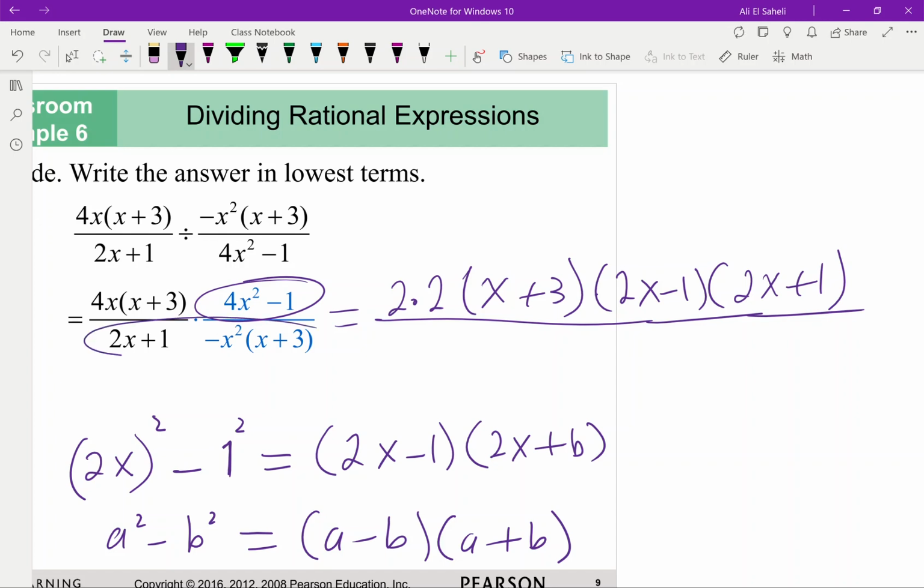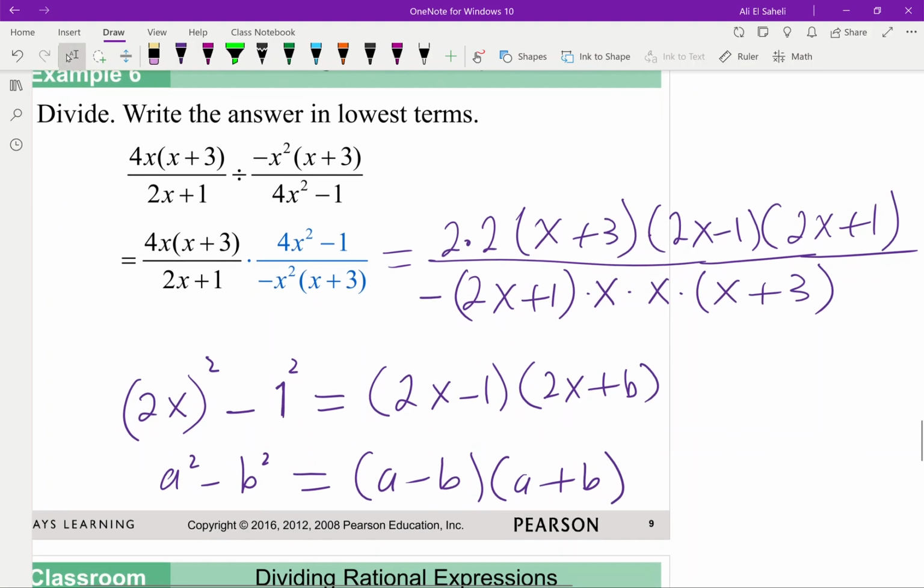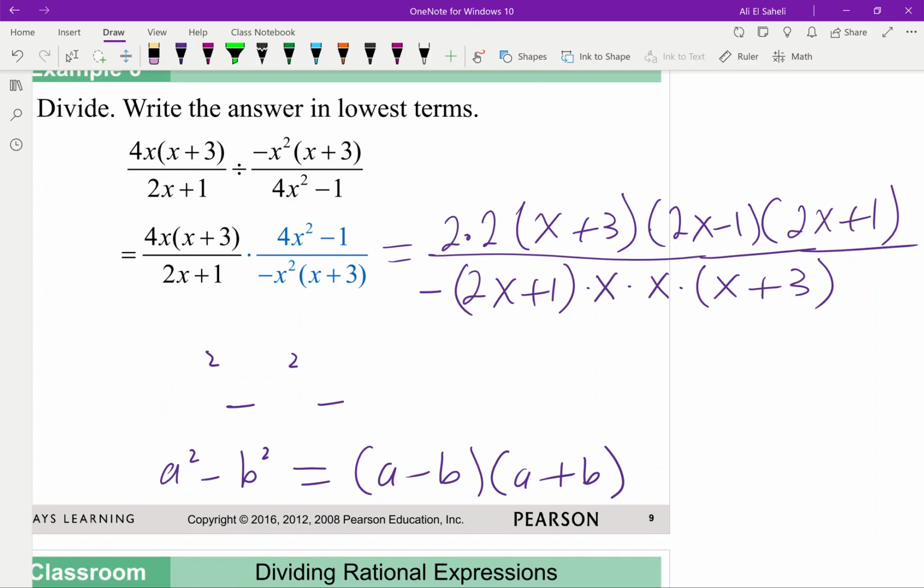The denominator, we have 2x plus 1. This is minus. Remember, minus could be anywhere because this is multiplication. Okay, minus, you have x times x, and you have times x plus 3. We don't need this anymore.